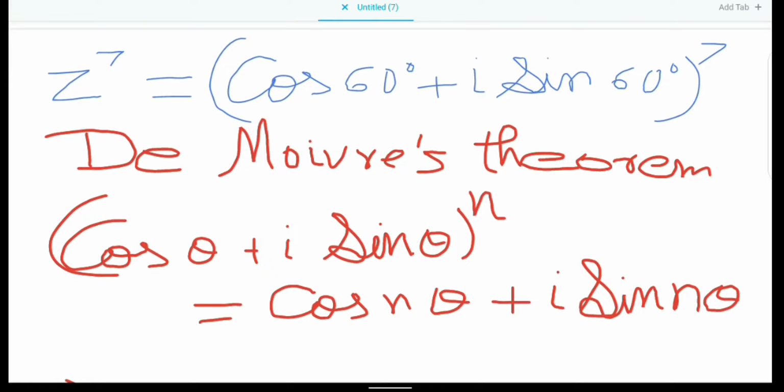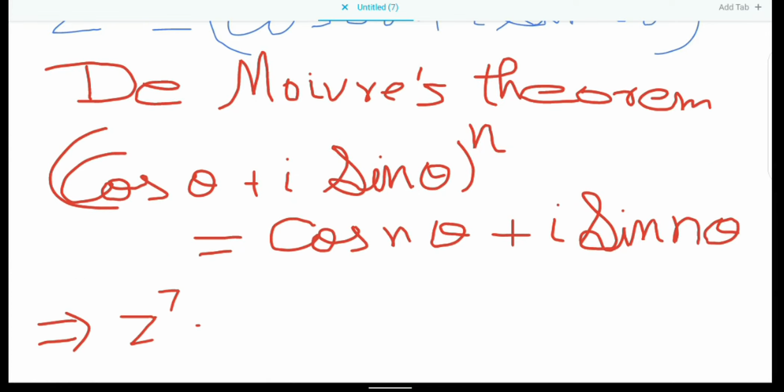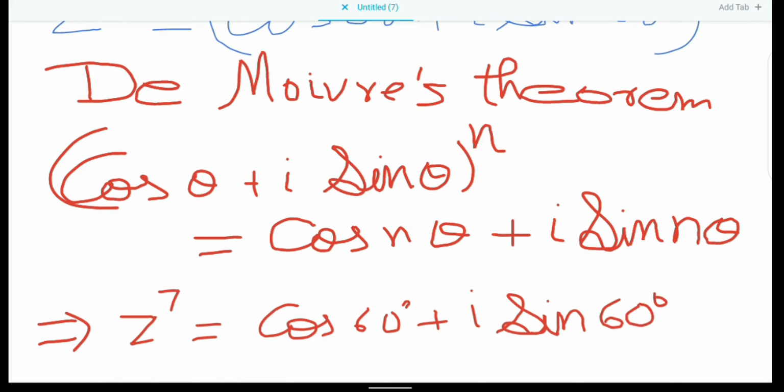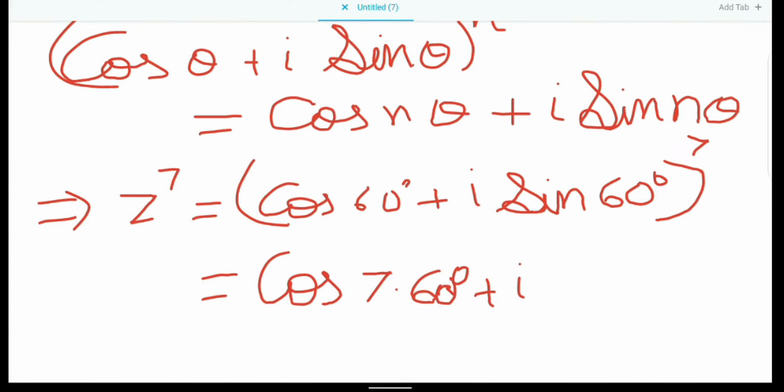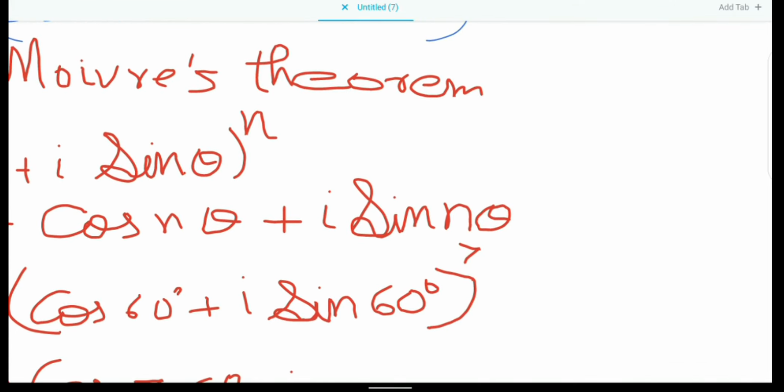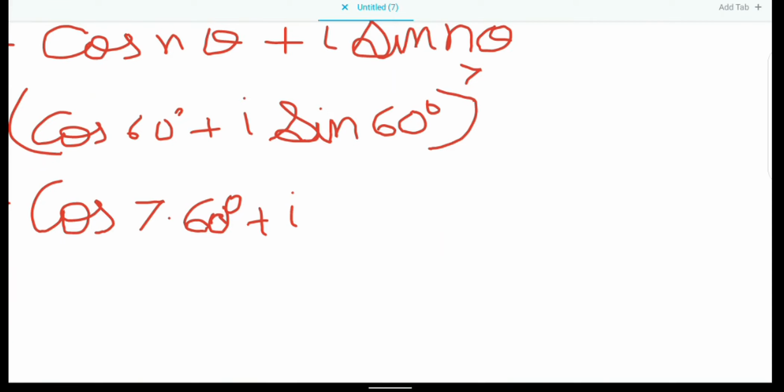So z to the power 7 equals (cos 60 degrees + i sin 60 degrees) to the power 7, and that's by De Moivre's theorem equal to cos(7 × 60 degrees) + i sin(7 × 60 degrees).